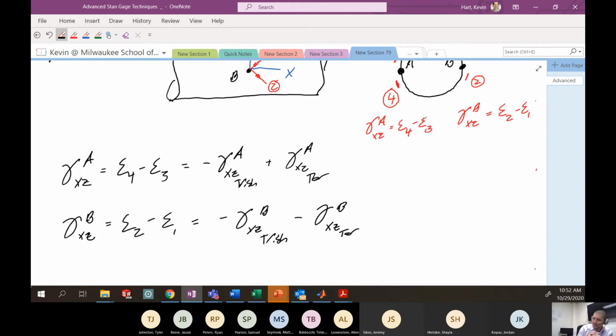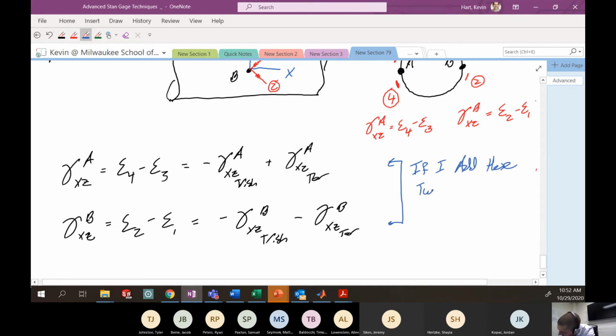Here comes the magic. If I'm interested in only the magnitude of the torsion or the magnitude of the transverse shear, then I can strategically add or subtract these two equations. What do I mean by that? If you add these two equations together, this will cancel with this because they're the same magnitude.